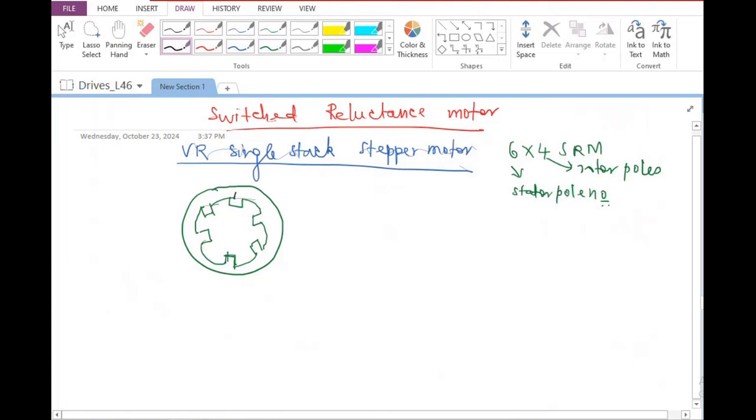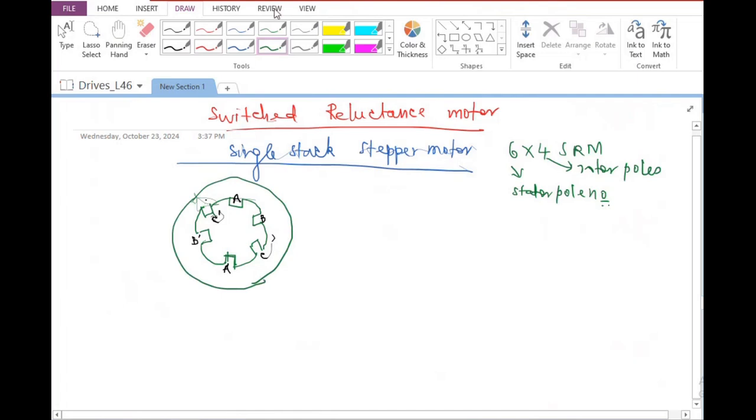So let us say this is A, and this is A dash, this is B, this is B dash, this is C, and this is C dash. Okay, so this is our complete stator structure.